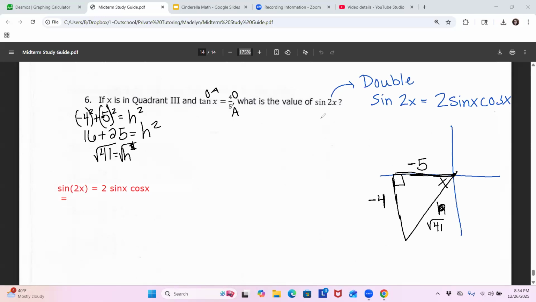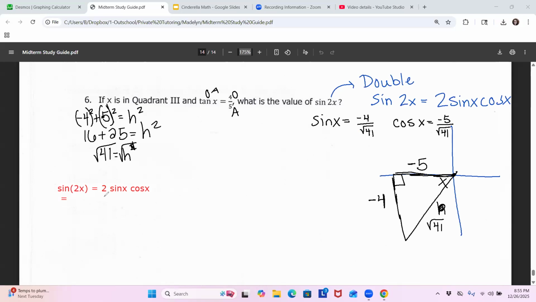We need the sine of this angle. So sine is opposite over hypotenuse, negative 4 over root 41. We're going to leave the root on the bottom for now. And we also need the cosine, so adjacent is negative 5 and hypotenuse is still root 41.